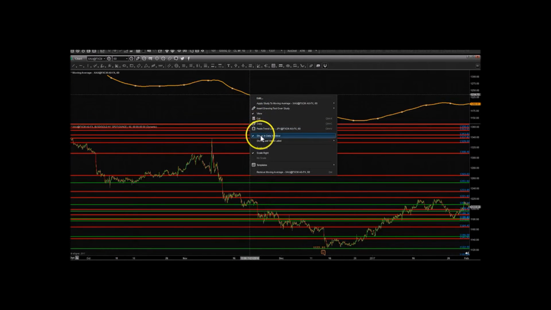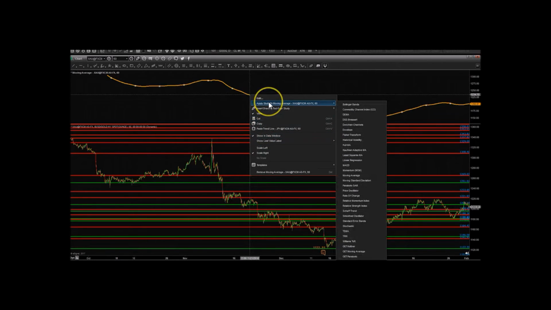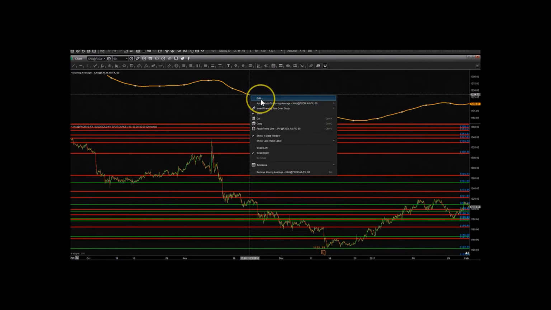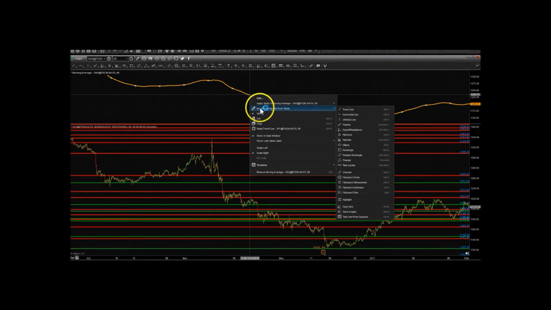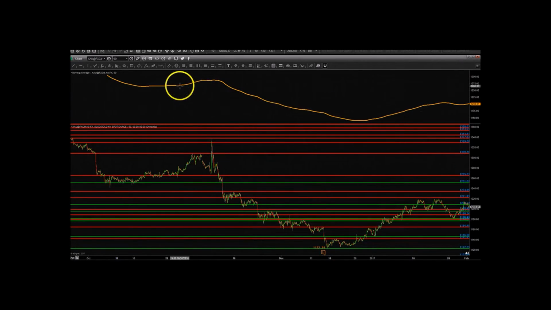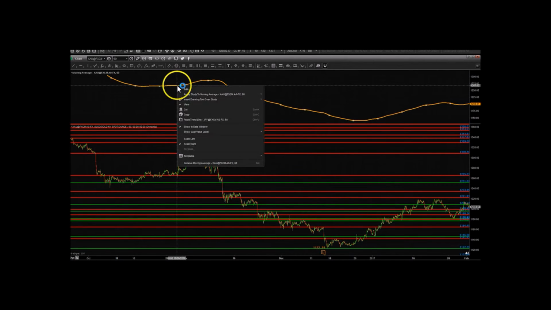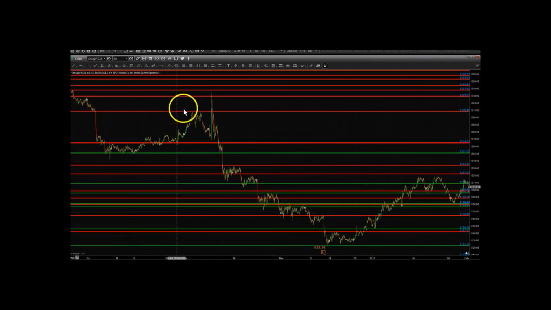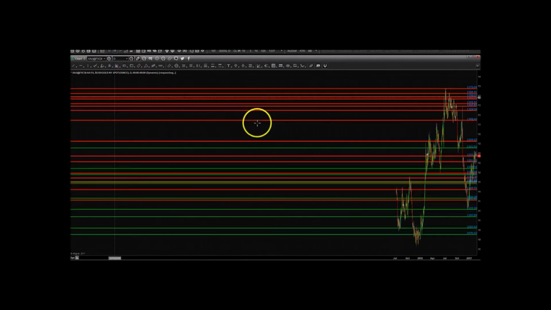Showing data window. Okay, I'm going to just remove that. Okay, there we go. All right. So here's our, now let's go to the bigger view of the gold daily chart.